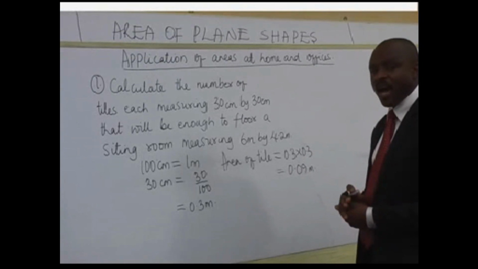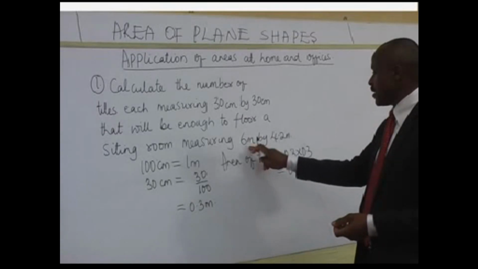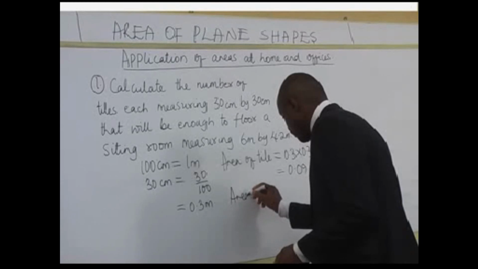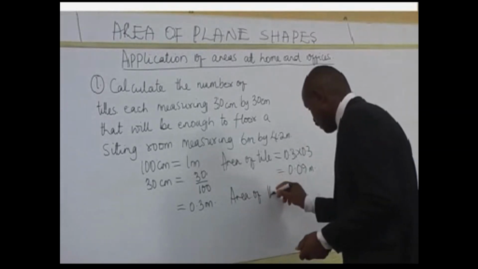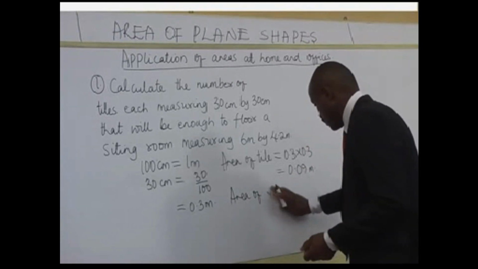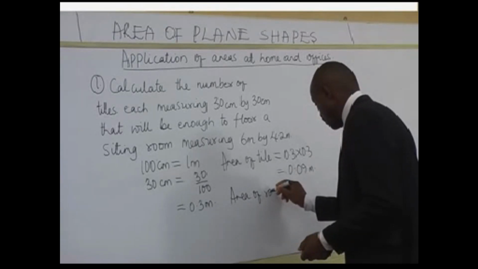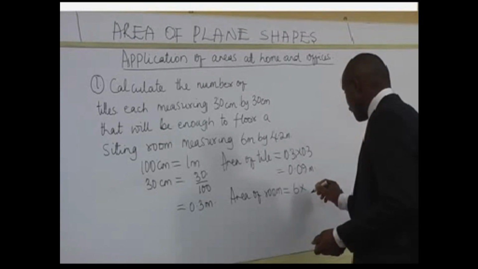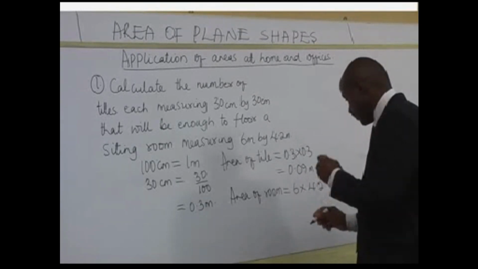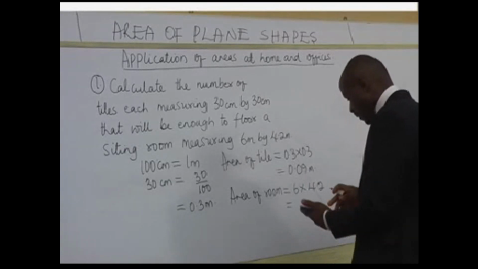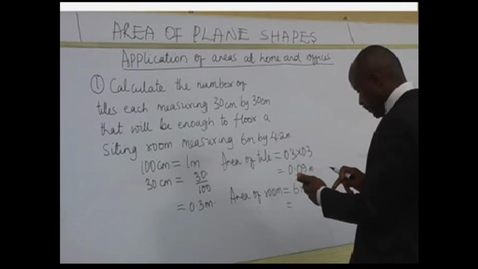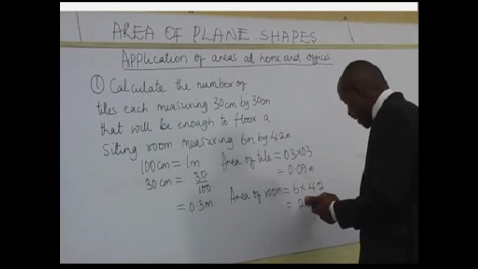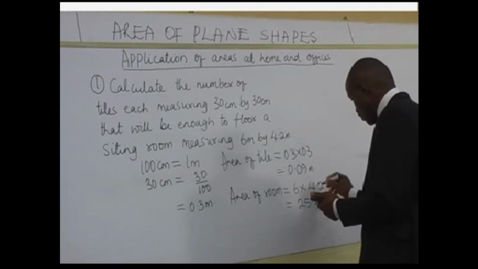Now let's find the area of the room. They said that the room measures 6 by 4.2. That means area of room, because of space, will be equal to 6 times 4.2. 6 times 4.2 is giving me 25.2.